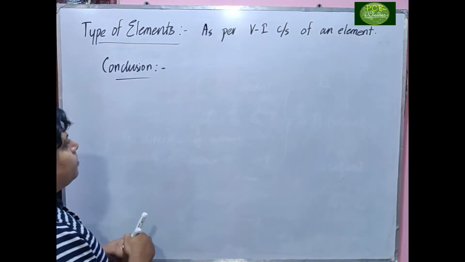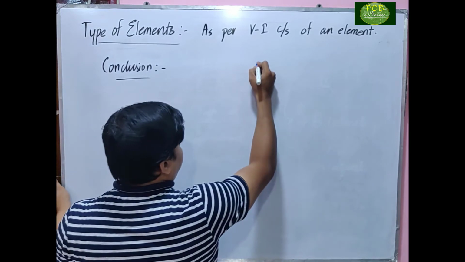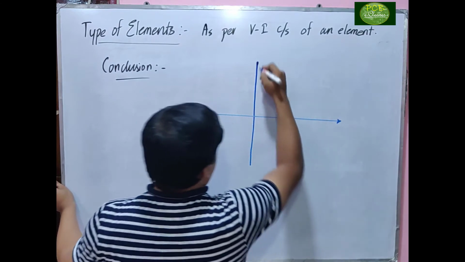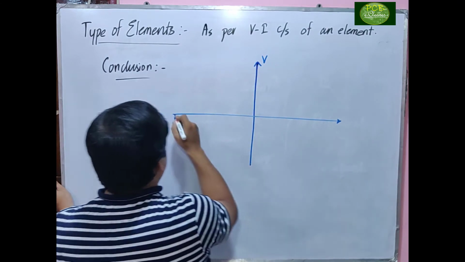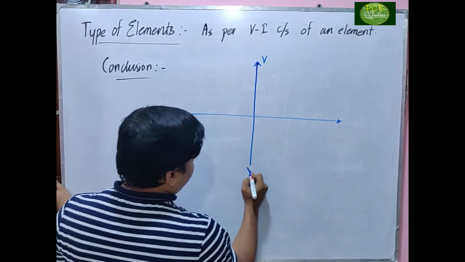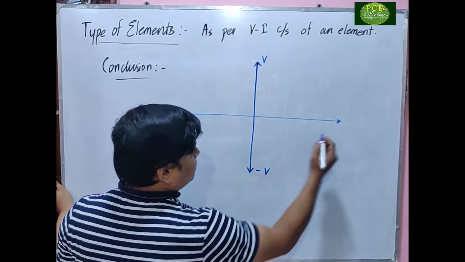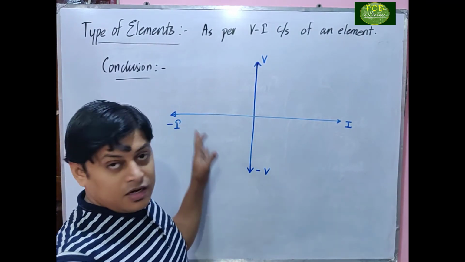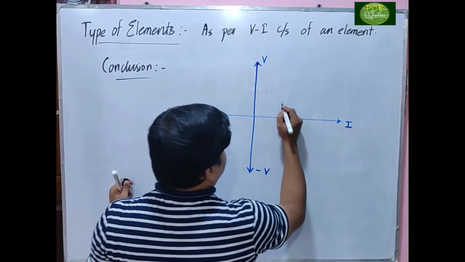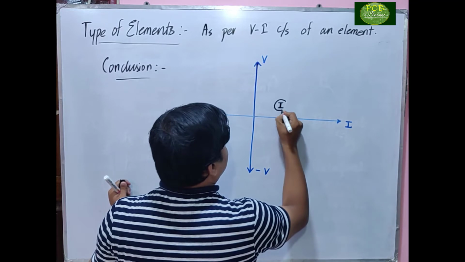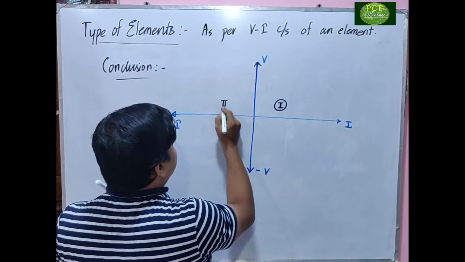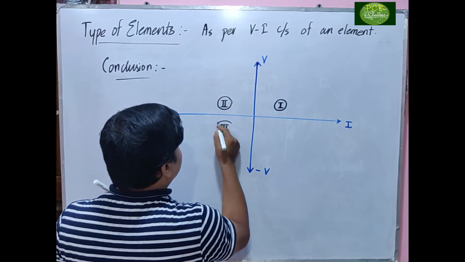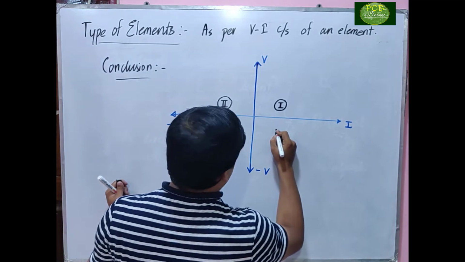Conclusion. How will we conclude it? Suppose I am taking the VI characteristic. This is V, this is minus I, this is minus V. How many quadrants are there? 4 quadrants. This is the first quadrant, the second quadrant, the third quadrant, and the fourth quadrant.